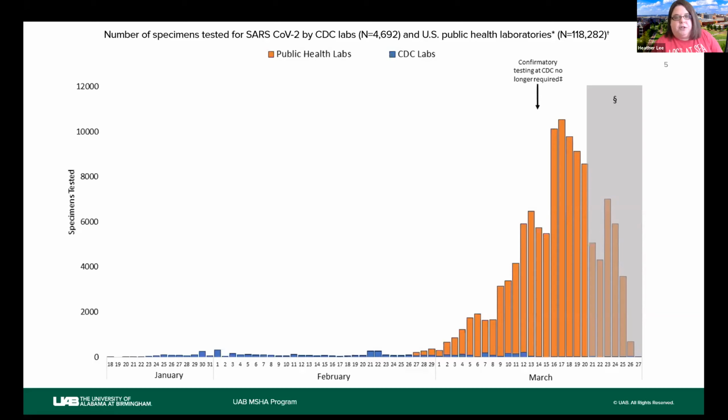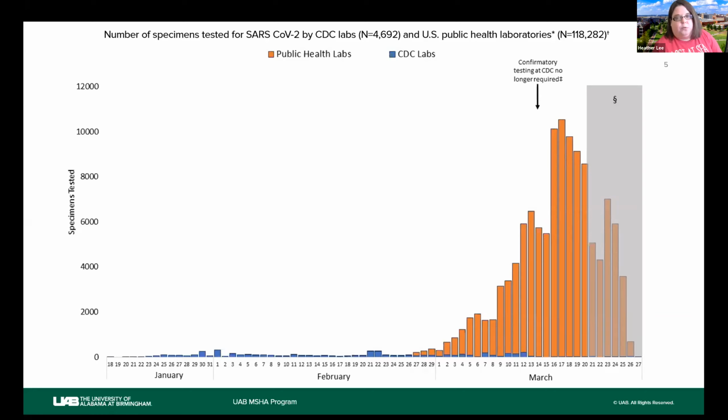But you can see this evolution of we did very little testing, really limited testing until it picked up earlier this month in March. Part of the reason why is that with the CDC, the testing was only being done in CDC labs initially, which created a lot of bottlenecks.